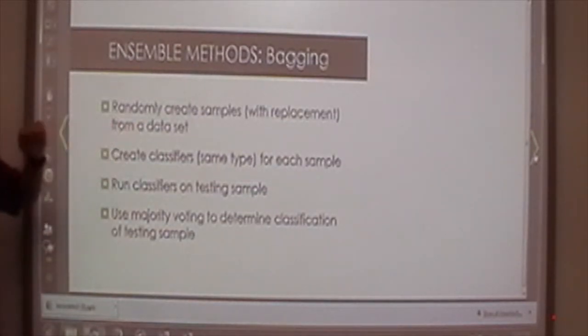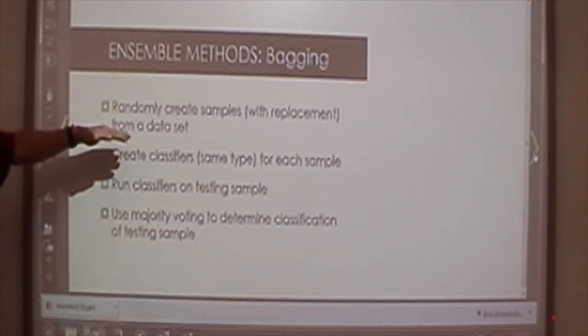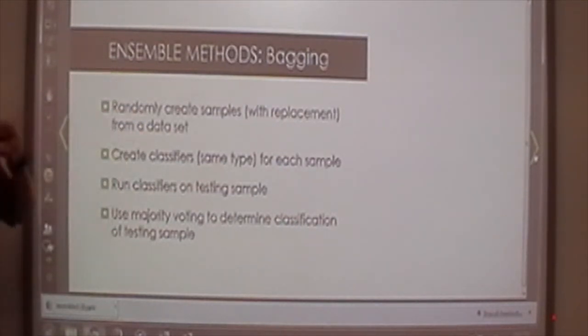Typically in bagging, or bootstrap aggregation, the samples will be the same size as our data set, but you're going to randomly pick your elements from it. And then from each of these new data sets, you're going to create your classifier. And then you run the classifiers on each sample, and then you're going to combine these.